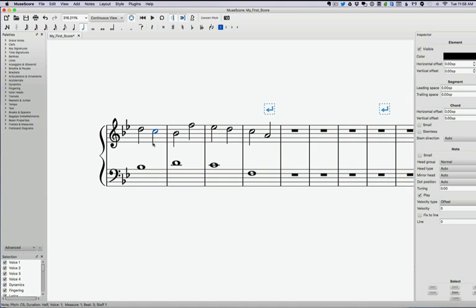All of those intervals are now allowed as long as they are in the unstressed part of the counterpoint, which is another way of saying they are on the offbeat. You cannot have any of those intervals on the downbeat. Imagine it kind of works like this.